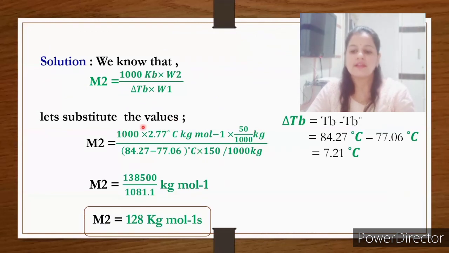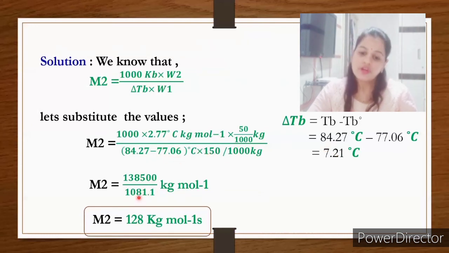Now this kg and this kg will get cancelled, and degree Celsius will get cancelled. I have already cancelled the 1000 also. The remaining terms, if we multiply, 50 into 2.77 into 1000, come out to be 138500, divided by 7.21 into 150, which comes out to be 1081.1.